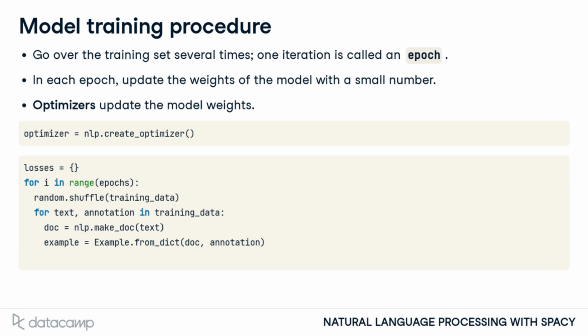The extracted example dictionary will be used to update the NLP model weights by using the nlp.update method and passing the list of the example dictionary, the optimizer object and a losses dictionary to track model's loss during training. Loss is a number indicating how bad the model's prediction is on a single example. The procedure continues to process next training data points.